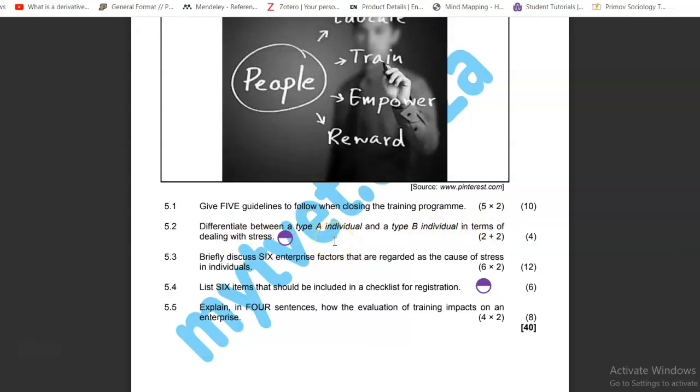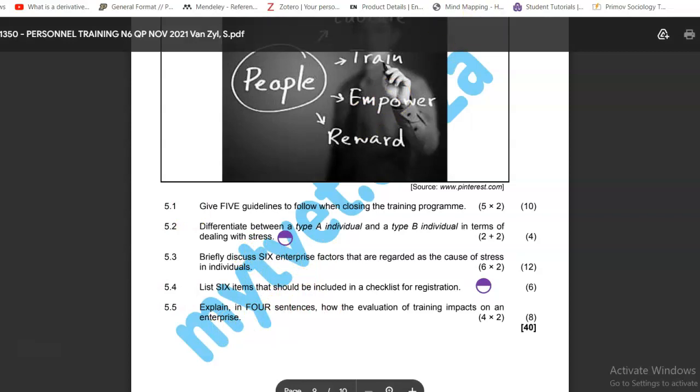So this will deal with it. You will find it on page 37. We'll talk about it in class when we meet. And then we have: 6 enterprise factors that are regarded as the cause of stress. You see, they say discuss, so you need to name and explain.